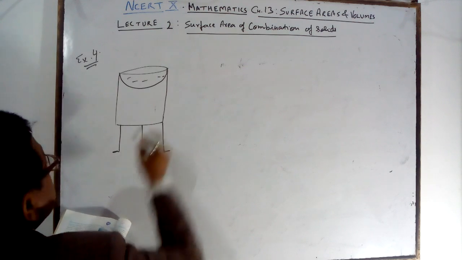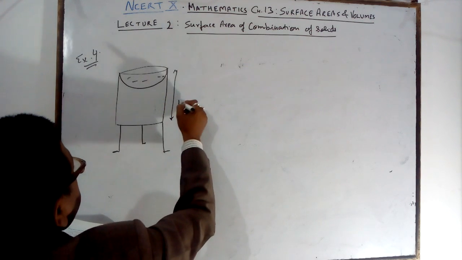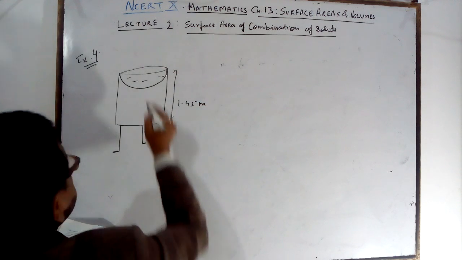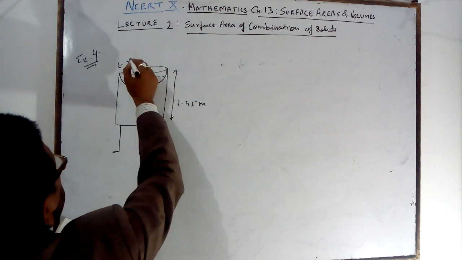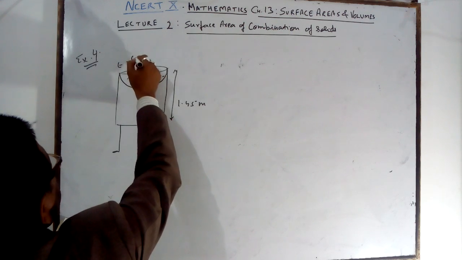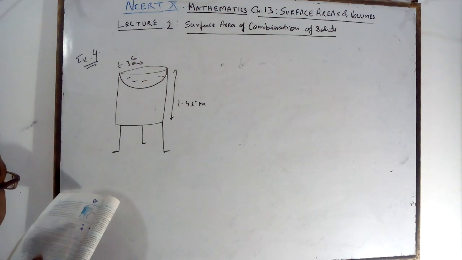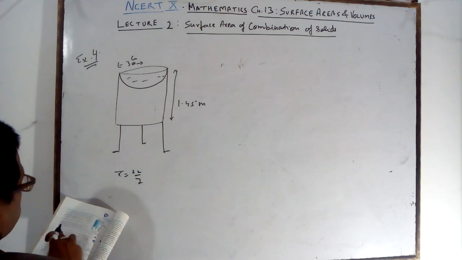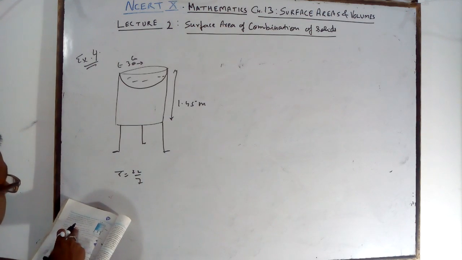The height of the cylinder is 1.45 meter, and the radius is 30 centimeter. Pi is given as 22/7.